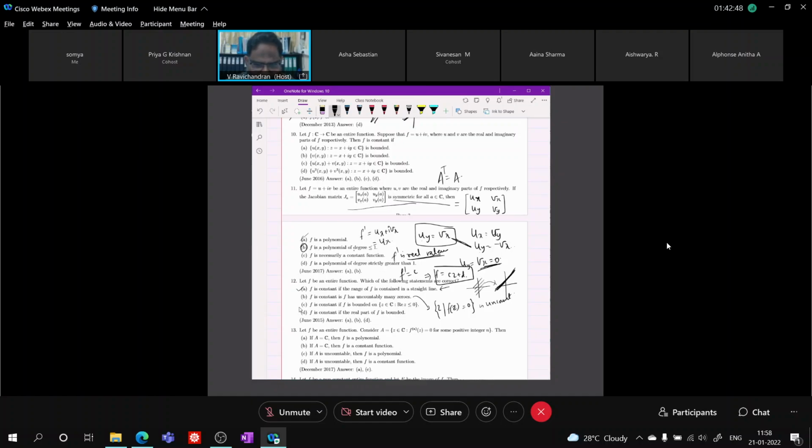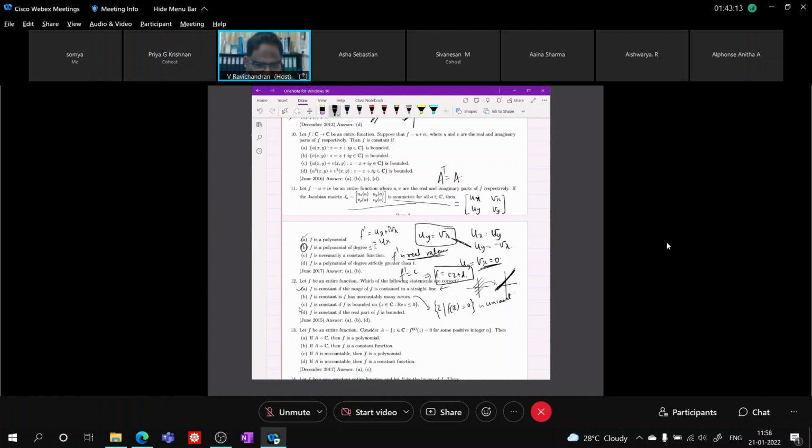Once it has the limit point, the identity theorem says that if the set of zeros has a limit point in C, then the function is identically equal to 0 in C. So f will become 0 in the whole complex plane. So this will also be true. So the constant itself will be 0 also.